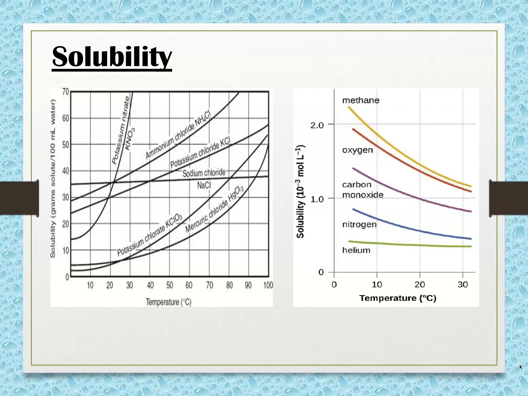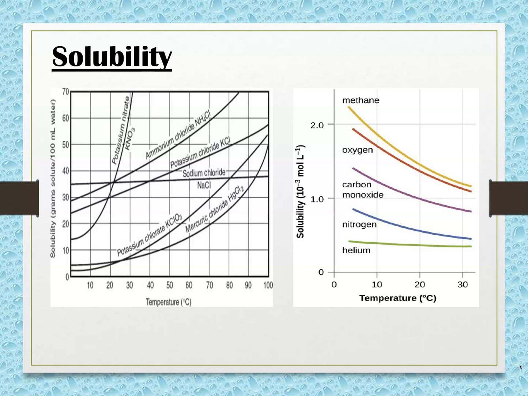Here's looking at gases. So methane, oxygen, carbon dioxide, nitrogen, helium. All gases, and solubilities could be represented in molarity, here in 10 to the minus 3 molarity. As temperature goes up, you can see how the solubility goes down for all of these gases, which we already showed with a graph last time.